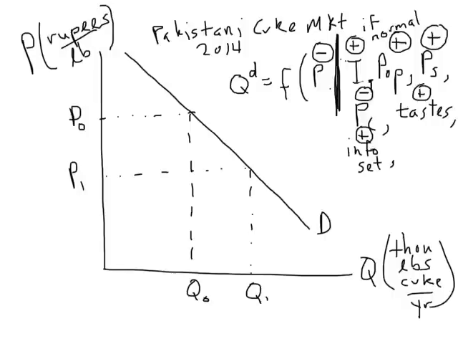If Pakistanis came to believe that eating cucumbers cures cancer or increases virility or does something really good, they're going to want more cucumbers. Likewise, if they find out cucumbers are made with some awful pesticide that makes you sick, that would be their information set, and they'd want fewer.